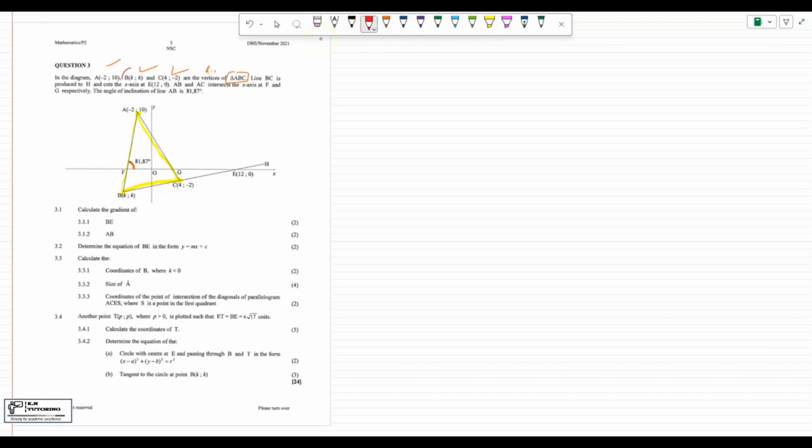Something very important that I want to mention. You see they give me point B, which has coordinates K and K. The fact that the coordinates are K and K means the value I'm going to get is the same. So if K is equal to -4 for the x value, it will also mean the y value will be -4. Otherwise, if the coordinates were not the same, they would maybe name one as K and the other as Q, to show that the x value and the y value are not the same number.